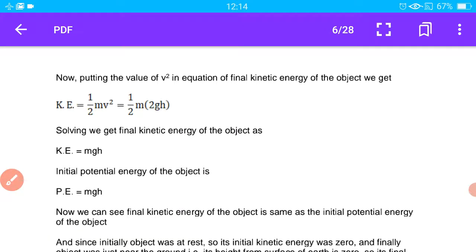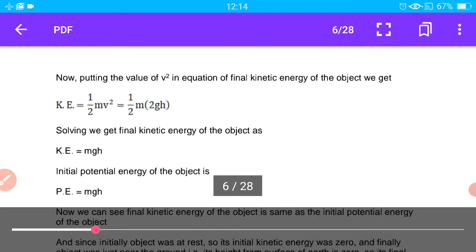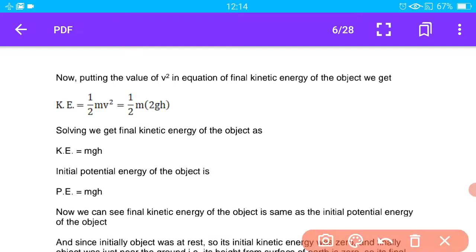Now putting the value of v squared in the equation of final kinetic energy, we get kinetic energy equal to 1/2 mv squared equal to 1/2 m (2gh). Solving, we get the final kinetic energy of the object as kinetic energy equal to mgh.